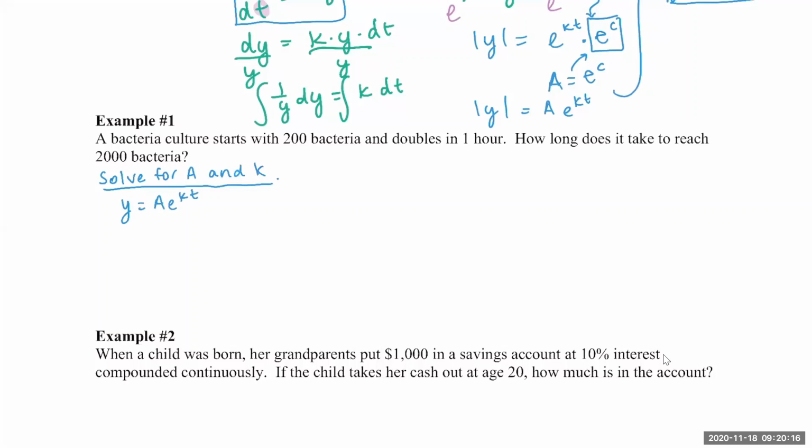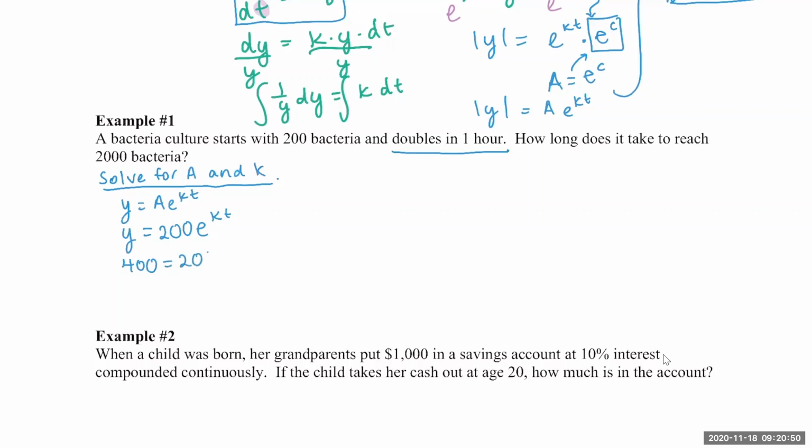A bacteria culture starts with 200 bacteria, so automatically they give me the initial amount, 200. And then I look to see what else is given so that I can solve for K. They tell me it doubles in an hour. So what is y if the culture doubles in an hour? What is your y value? Yes, okay, it would be 2 times 200, which would get you 400, right?